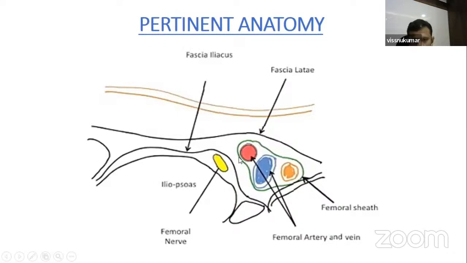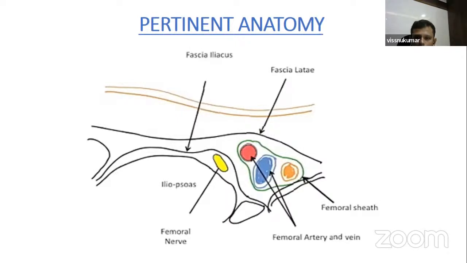So remember the structures with the mnemonic NAVEL: nerve, artery, vein, empty space, and lymphatics. The first point to remember in the case of the lower limb is that the nerves are always located laterally.